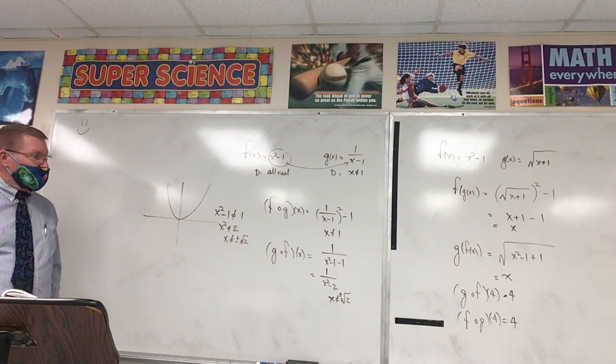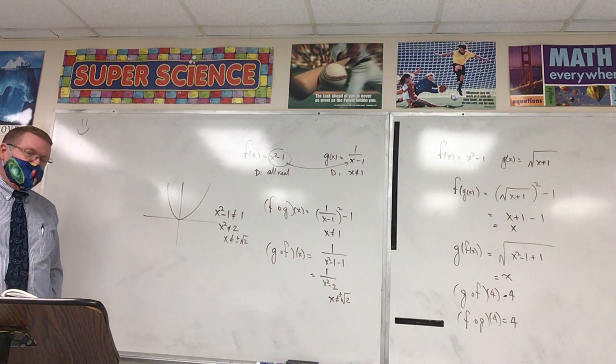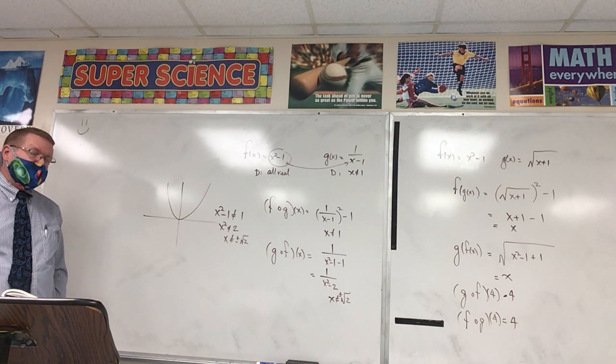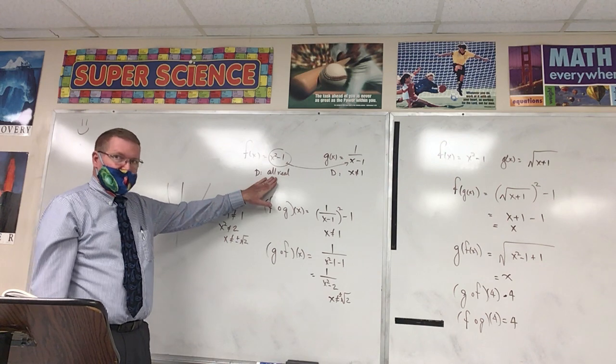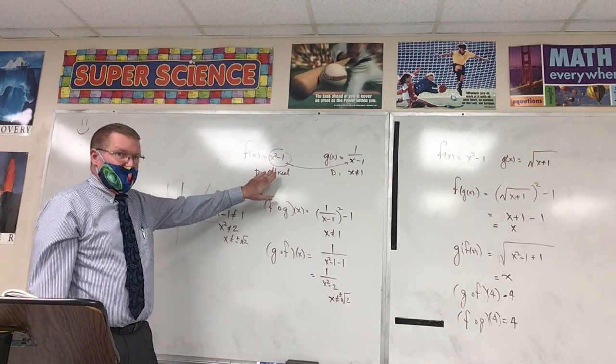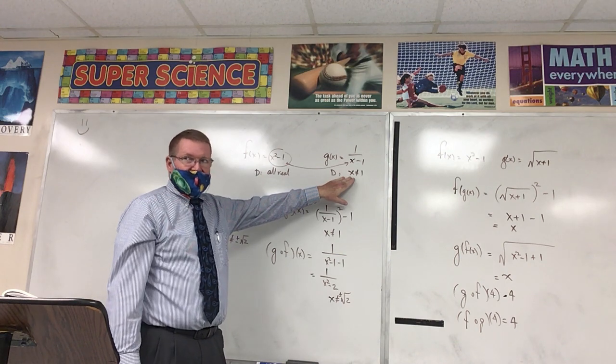Instead of doing that, why can't you just find the domain? Sometimes yes, sometimes no, so you have to use the first one. So here, I can use any real number, but my results get me a result of 1, which I can't use.